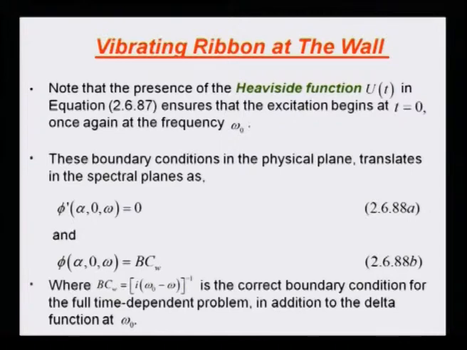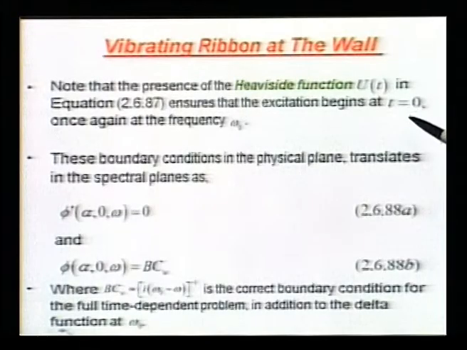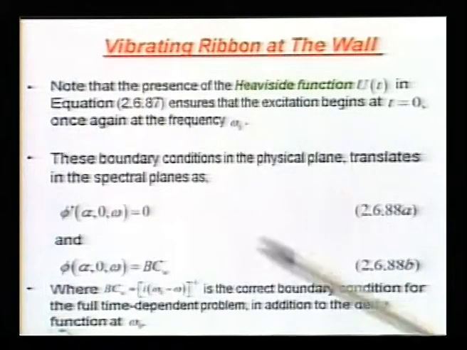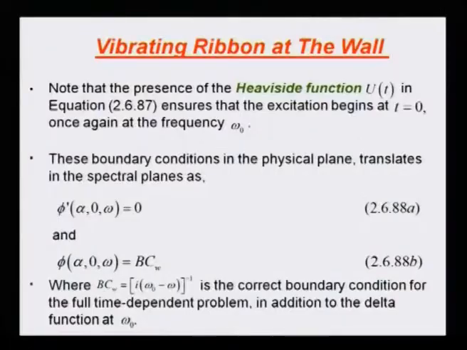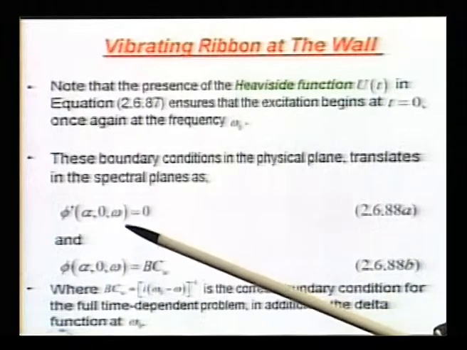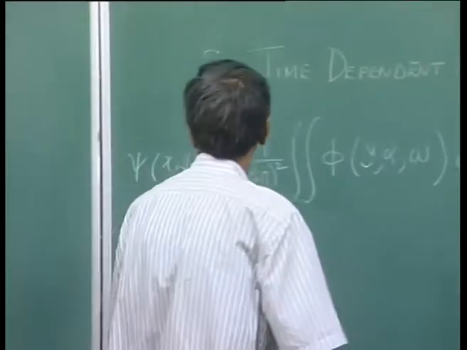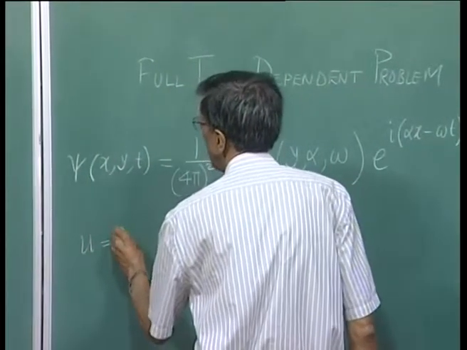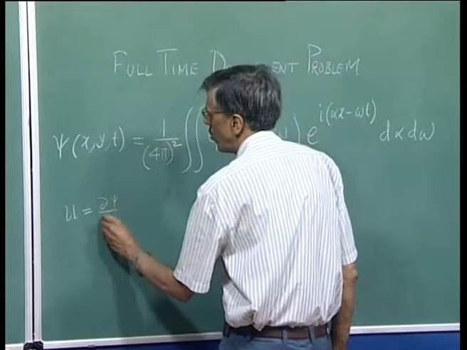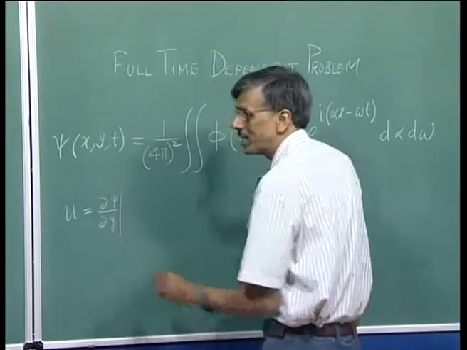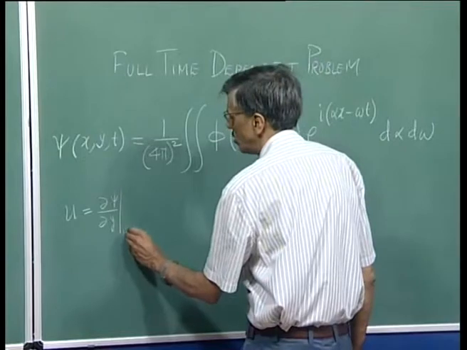Now, the presence of the Heaviside function u of t ensures that the excitation truly begins at t equal to 0 at the frequency omega naught. What we notice is that u equal to 0 will give us this, because u is del psi del y, and we are doing this at the wall, so y is equal to 0.